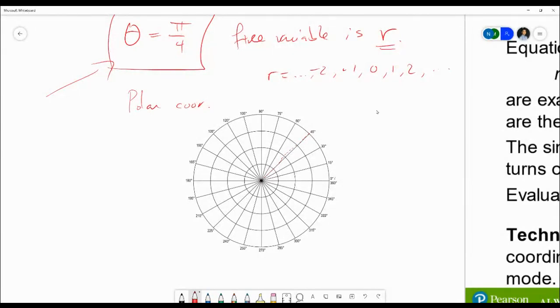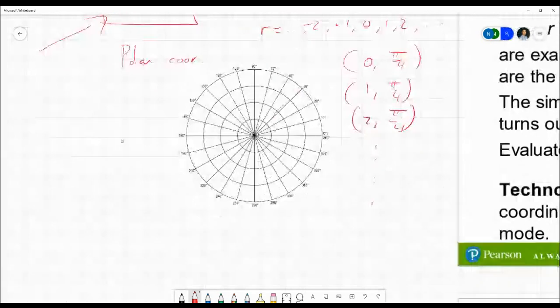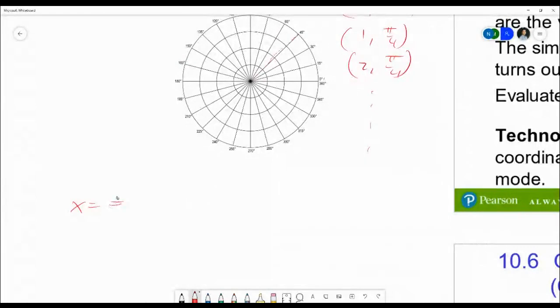that's a point. So what if I tell you to graph the point 0, pi over 4? What if I asked you to graph the point 1, pi over 4, 2, pi over 4, and so forth? Now, this is similar to graphing x equals a number or y equals a number.